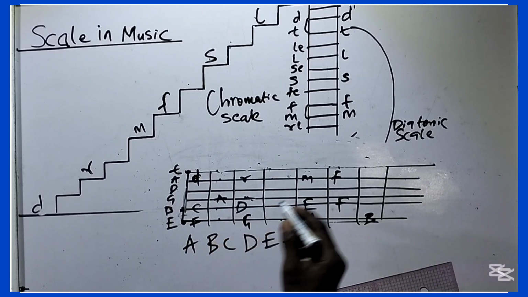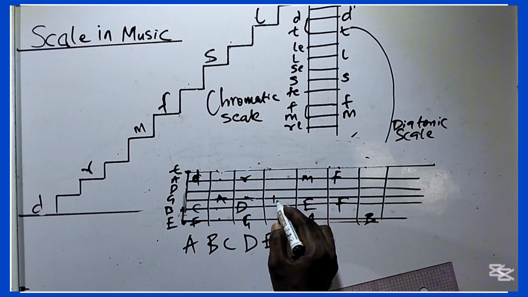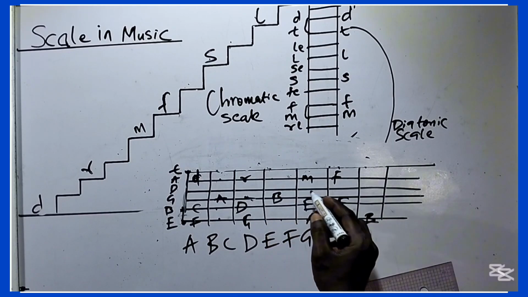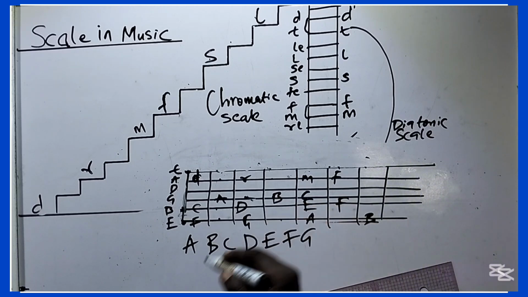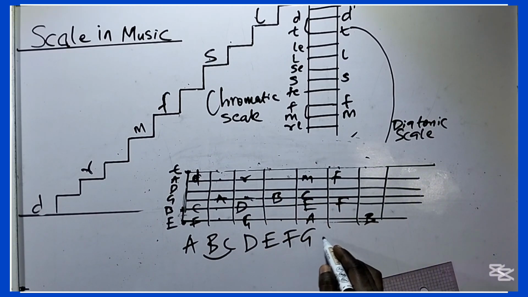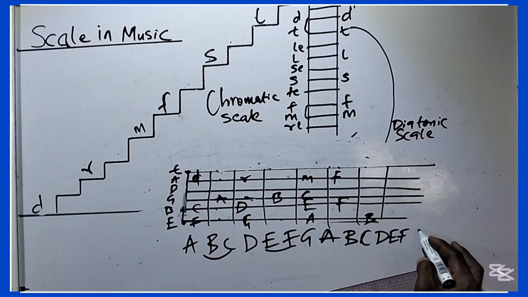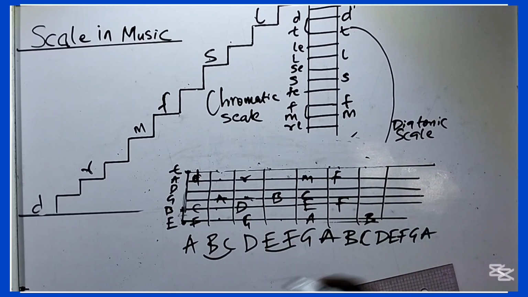If you are writing it, then this one is B. After B, the next one is C, because B and C are closer, and the next one that is closer is E and F. Even if you are continuing A, B, C, D, E, F, G, you start another A. That is how it is. A, B, C, D, E, F, G, A, B, E. You keep on going up.